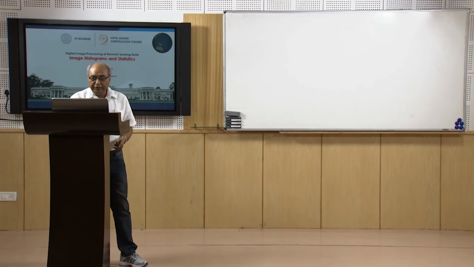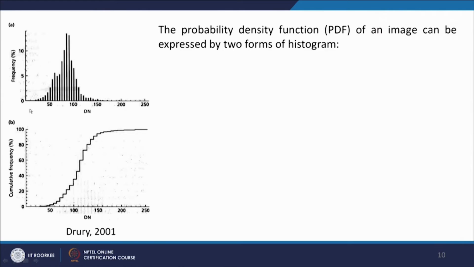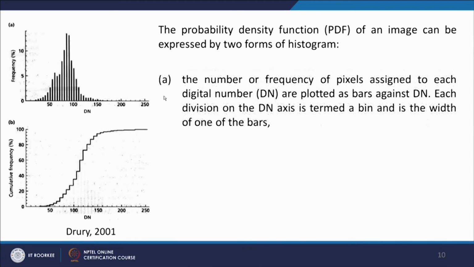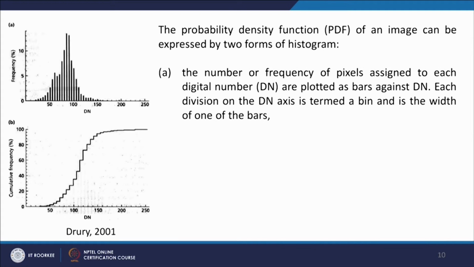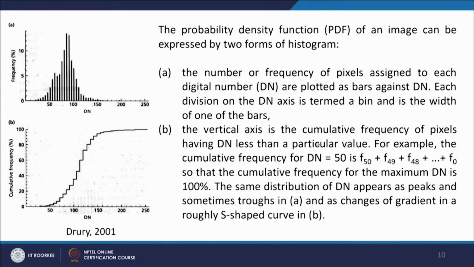This probability distribution function, which you can see here, shows the histogram and a cumulative frequency on the y-axis and digital numbers as in a simple histogram. These curves will bring you the PDF. The number or frequency of pixels assigned to each digital number DN are plotted as bars against DN in the case of a histogram. Each division on the DN axis is termed a bin, and its width is one bar. On the vertical axis of cumulative frequency is the number of pixels having DN less than a particular value.